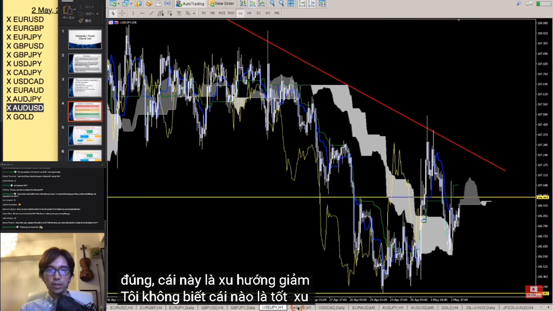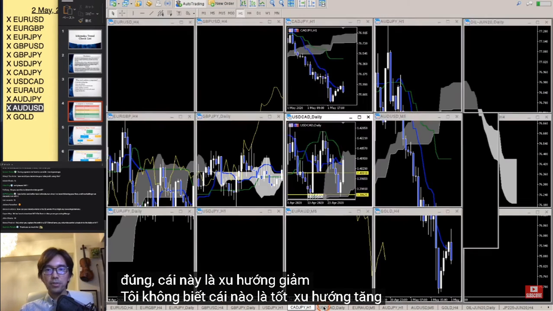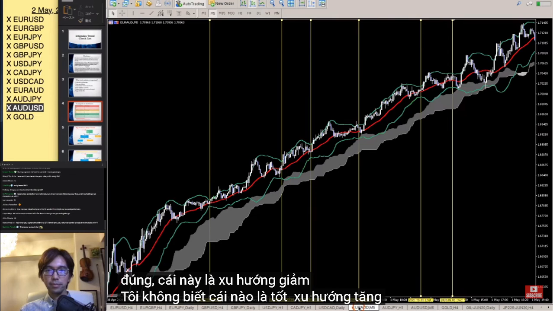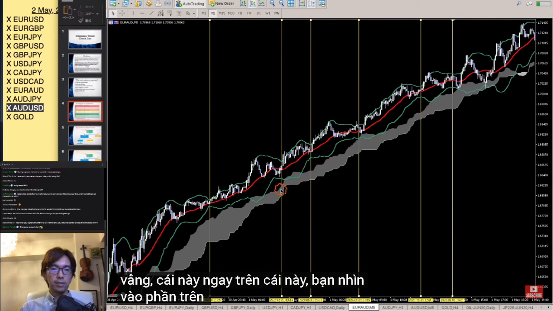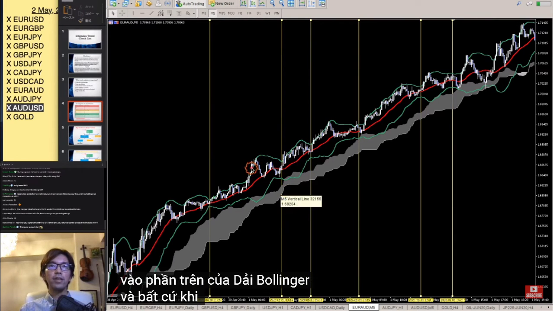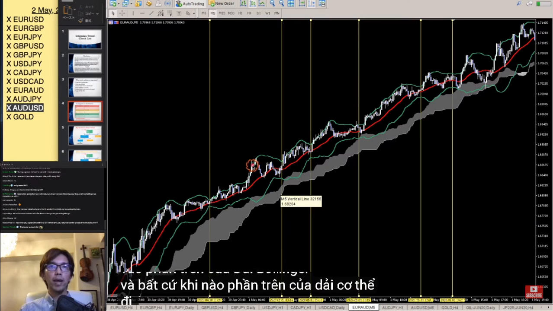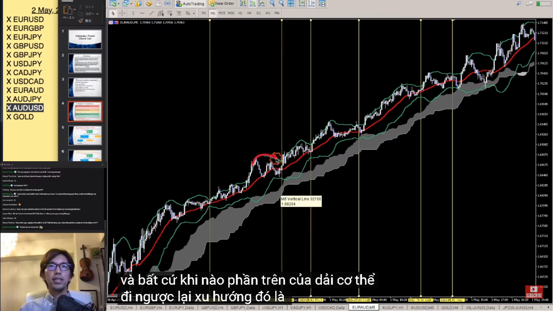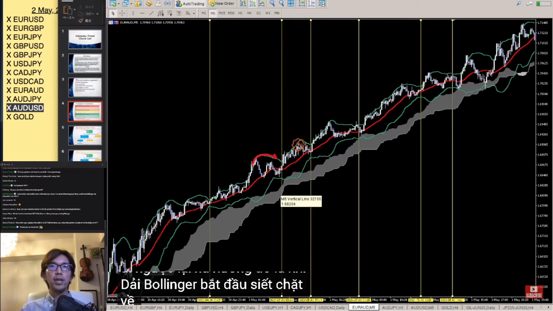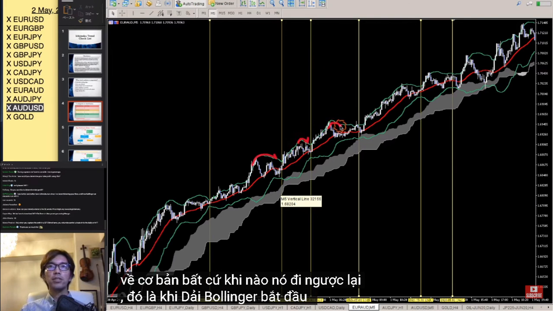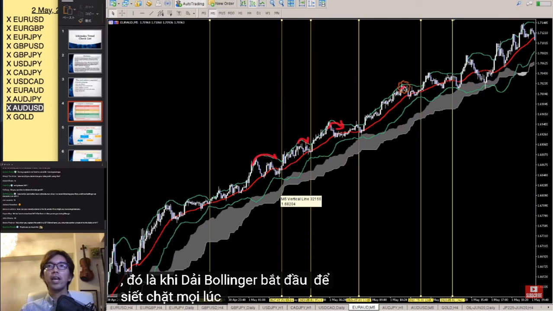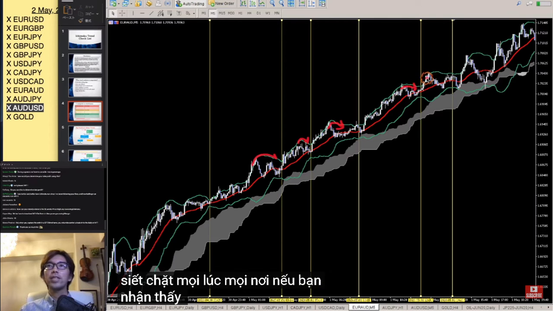Which one is a good uptrend? Yeah, this one. On this one, you look at the upper part of the Bollinger Band, and whenever the upper part goes against the trend, that's when the Bollinger Band starts to squeeze. Whenever it goes backwards, that's when the Bollinger Band starts to squeeze, every time, if you have noticed it.